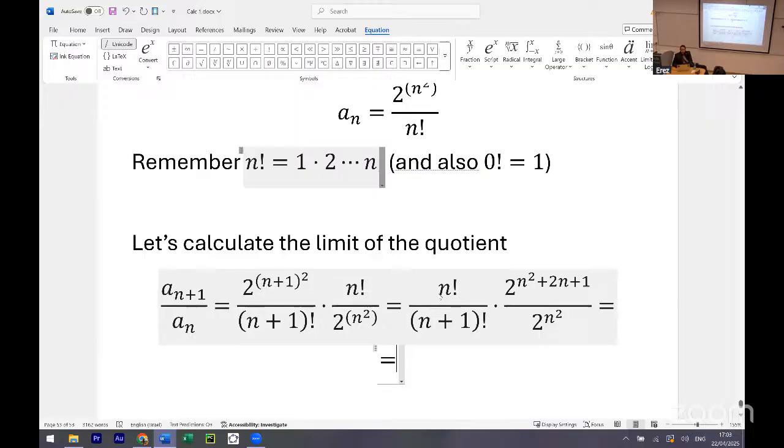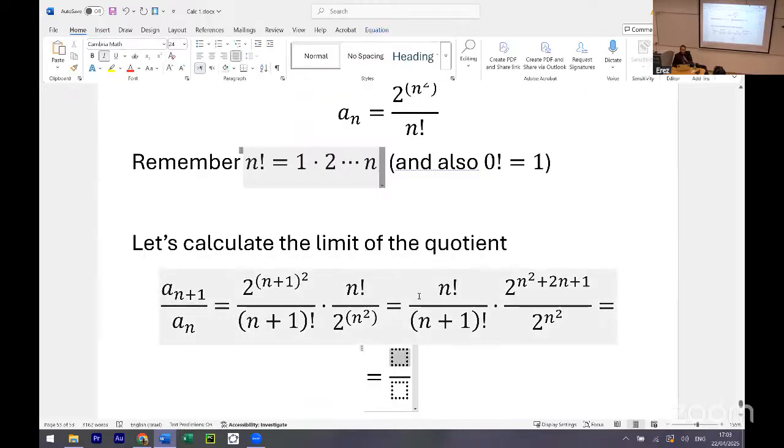N plus one. This is the multiplication from 1 to n, and then n plus 1. I will do it again in steps because sometimes students feel this is a formula and they don't remember the formula. My advice always: if you see factorial, don't be scared, just write the multiplication.